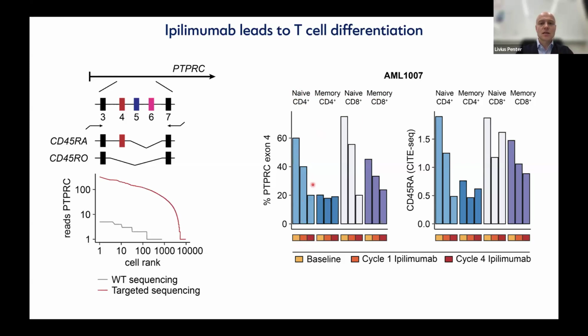And you can see how the CD45RA expression goes down. We see a very similar picture if we look at protein expression. This is CITE-seq data, same samples, and you can see that the CD45RA expression also goes down. This is a known effect of ipilimumab, which leads to T-cell differentiation. And it was very nice to see that you can pick up this effect even without looking at protein expression.